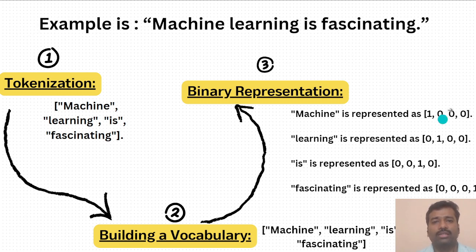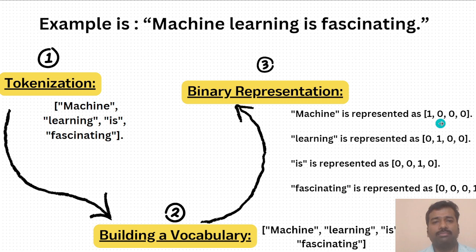Now, the last step is representation. We have to represent our sentences in the form of a binary vector. The length of a vector equals the size of the vocabulary. If a word is present, its corresponding position in the vector is marked as 1, and 0 if not present.